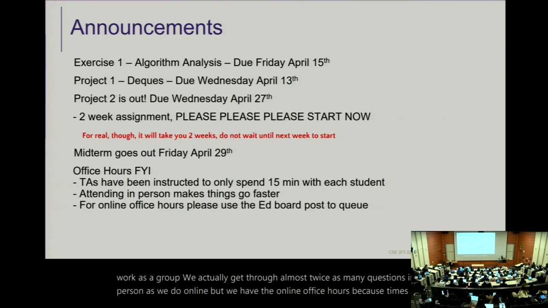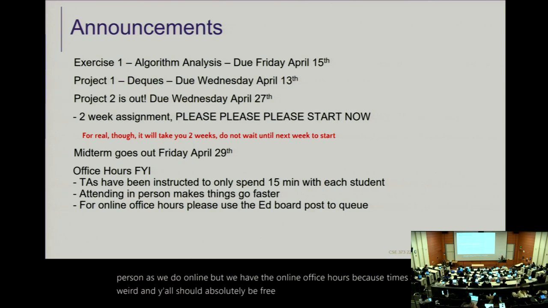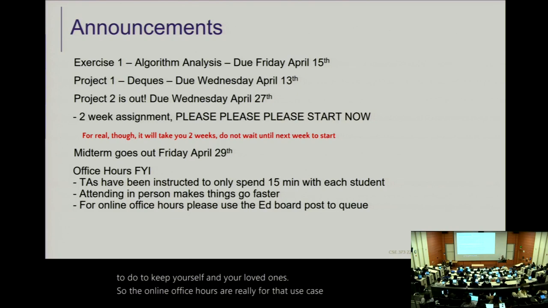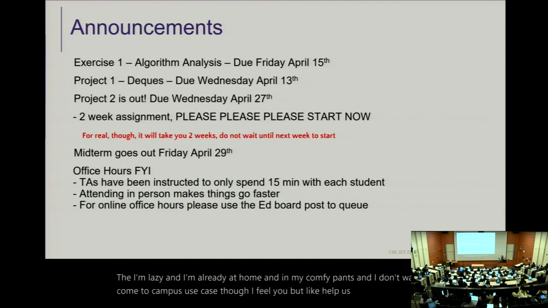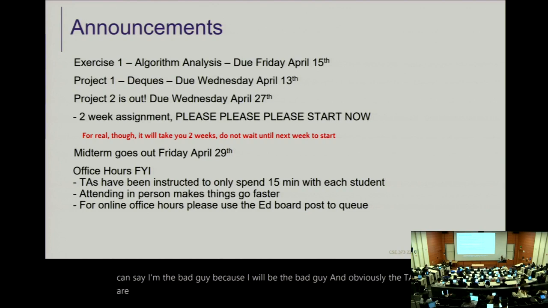And you should absolutely be free to stay home or do whatever you need to do to keep yourself and your loved ones safe. So the online office hours are really for that use case, not necessarily the I'm lazy and I'm already at home in my comfy pants and I don't want to come to campus use case, though I feel you, but help us help you. Please come in person. Please respect the TAs' time limits. I told them they can say I'm the bad guy because I will be the bad guy. And obviously the TAs are all delightful and will all try to stay late and help you more than they are signed up to do anyway.